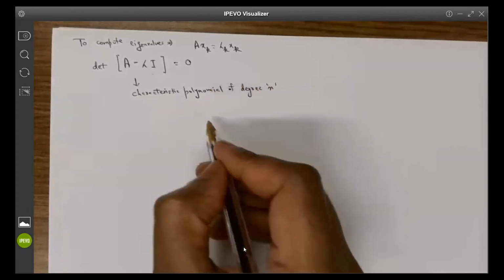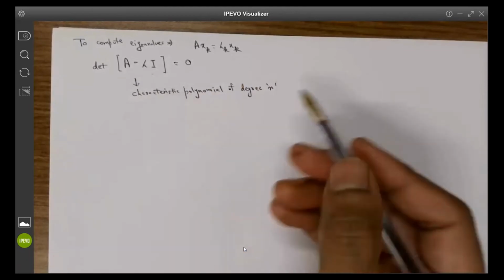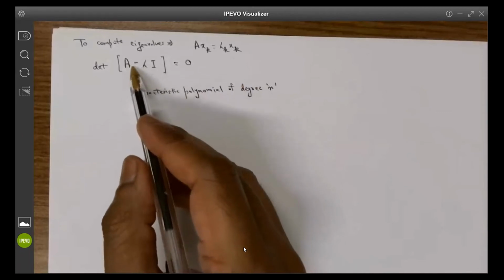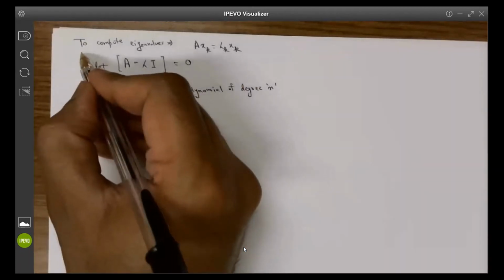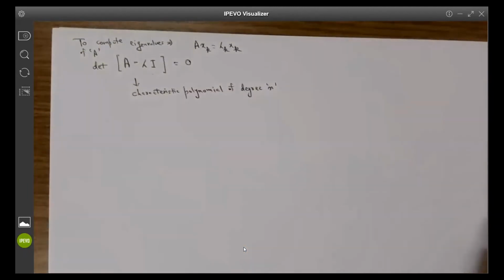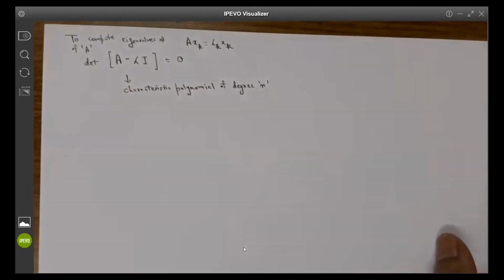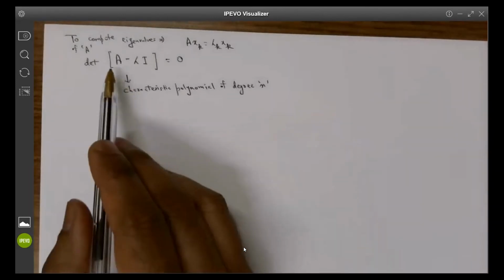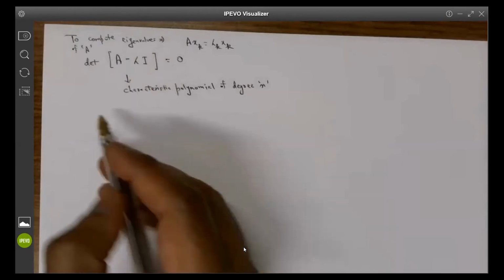And then you can solve for the roots of that polynomial. You will get n roots, and those n roots correspond to the eigenvalues of matrix A. Is everybody following, or so far are we on the same page? Yes, Professor.